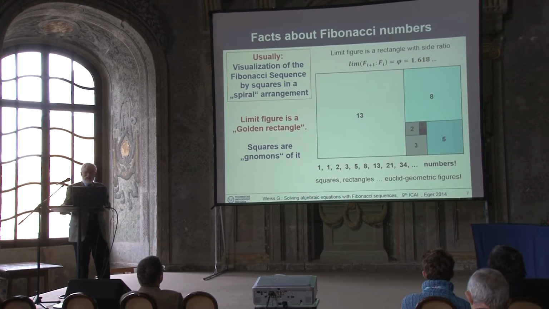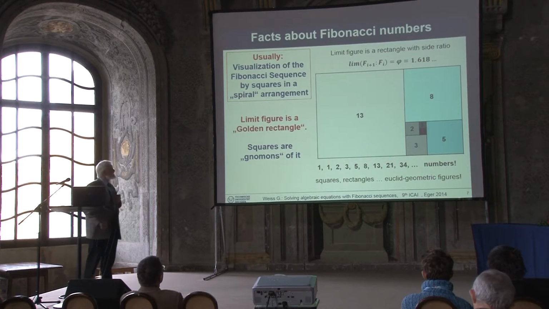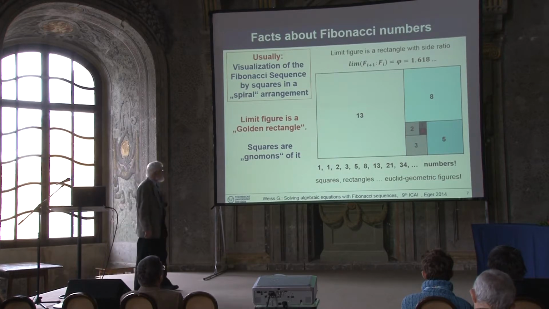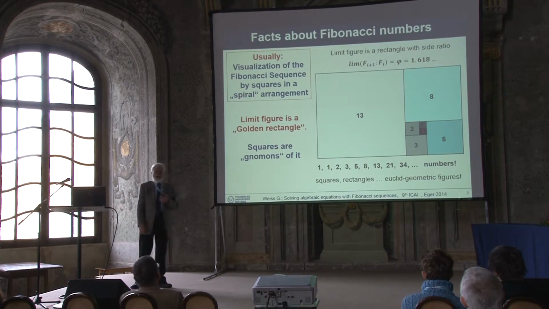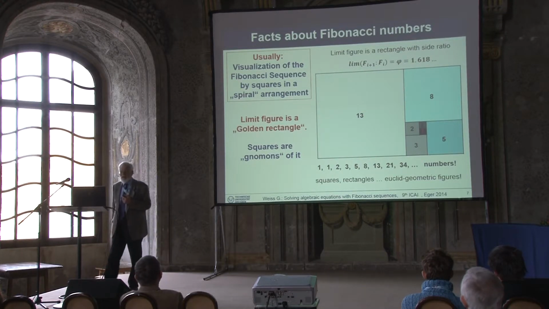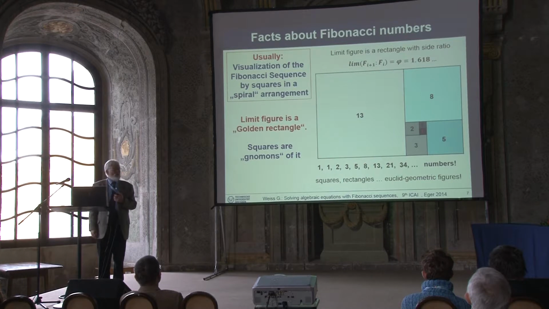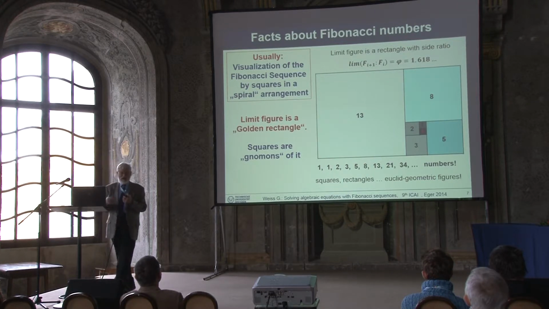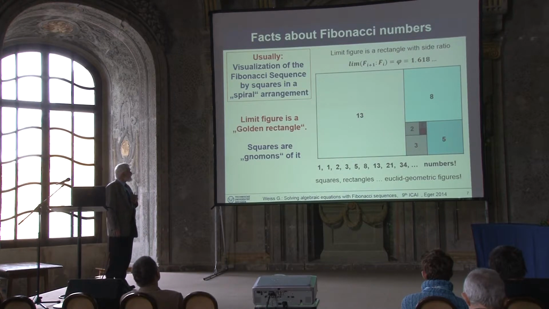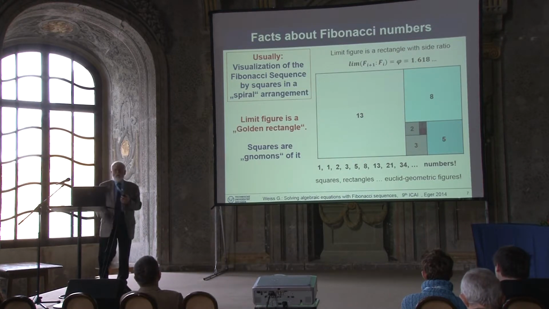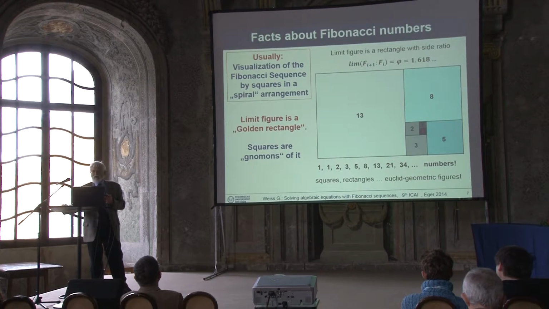You add squares, but you talk about the length of the sides of the squares, and these lengths are the Fibonacci numbers. You have finally a rectangle, and if you add until infinity, this rectangle has a side ratio which is exactly the golden ratio. Squares are the gnomons, as they are called, of this golden rectangle.